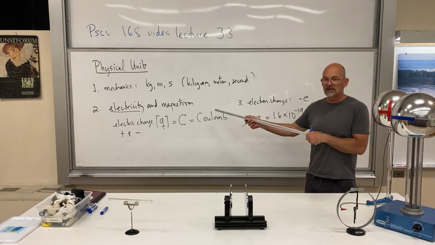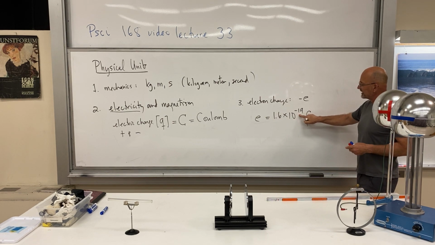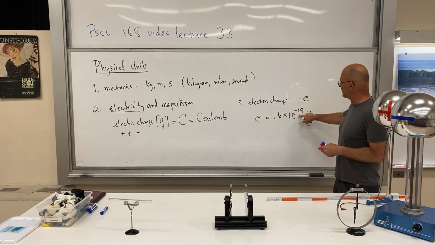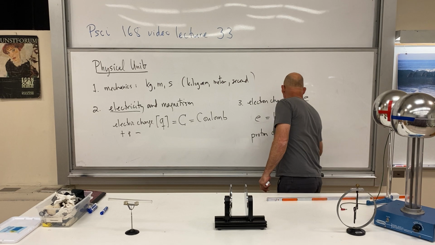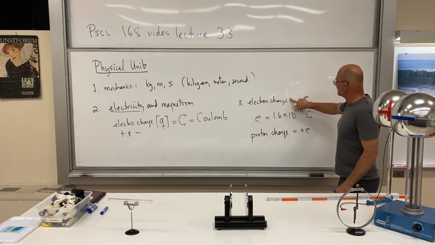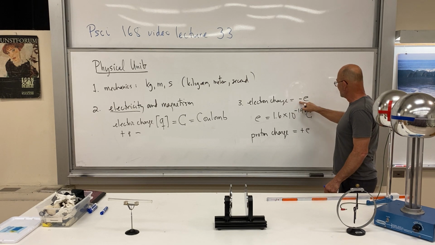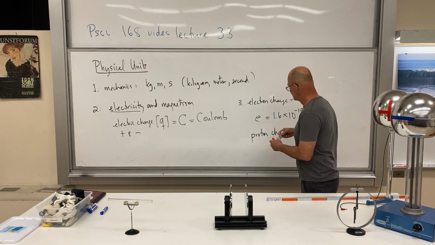So I had already talked about current flowing. So it's very important how small the individual electron charge is. The proton charge is the same. Proton charge is plus e. The electron charge is minus e, and there's the actual quantity.